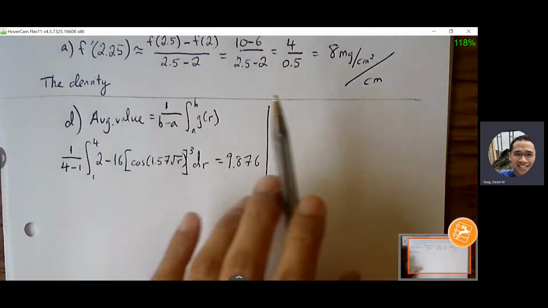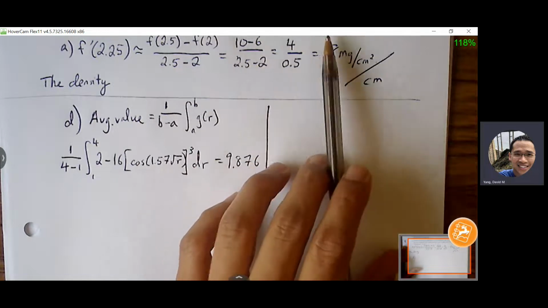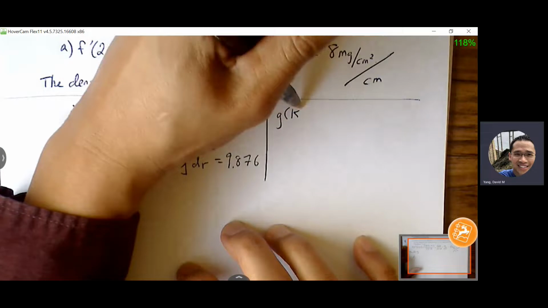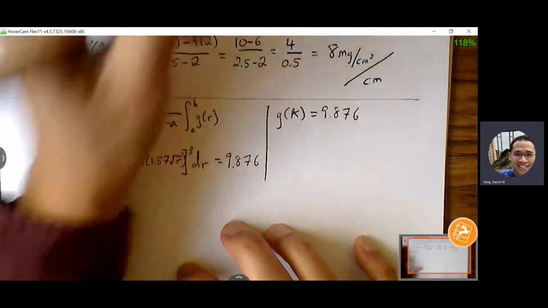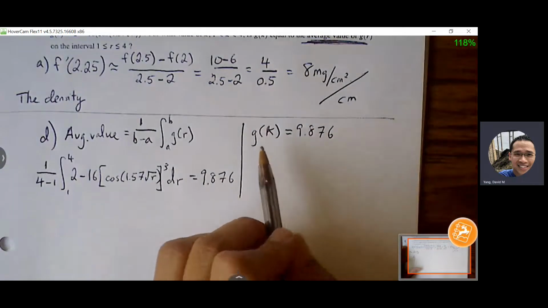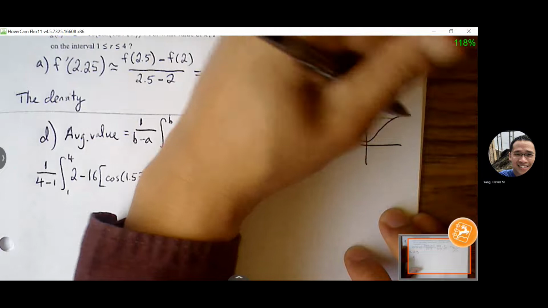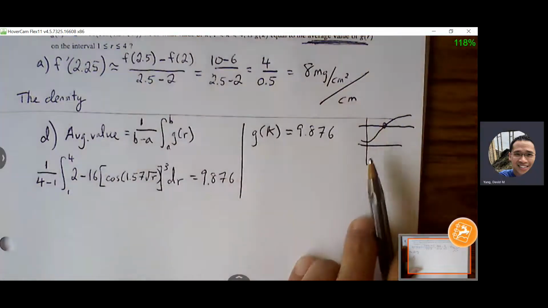But the problem says, when is g of r, or in this case g of k, equal to the average value? So we basically want to figure out when my g function is equal to 9.876. One option is to graph the g of k function and the 9.876 and see where they intersect.